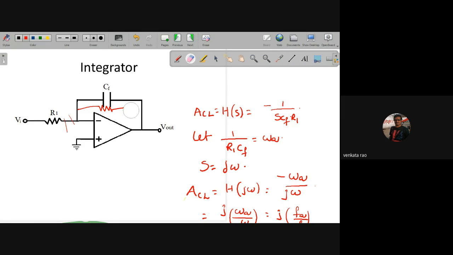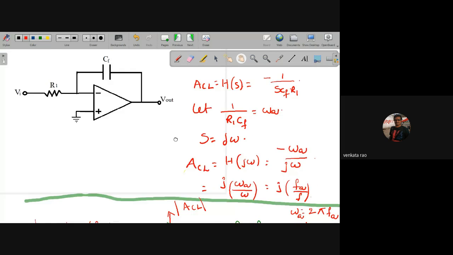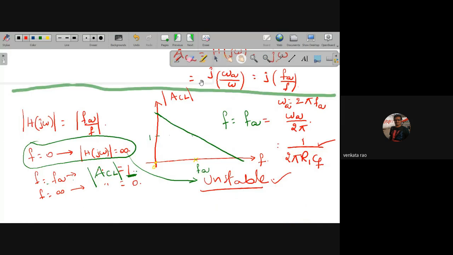What you said was right, but now I will explain in detail. It is unstable at low frequency. The gain became infinity, which means it is an unstable system.